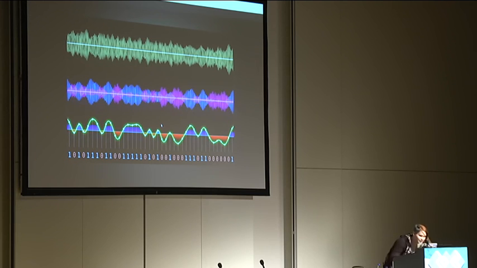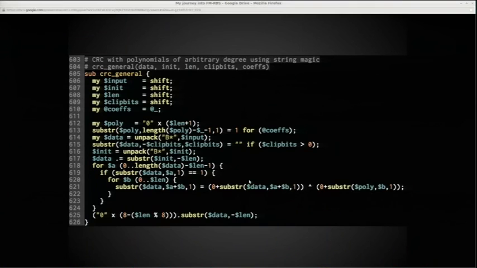Yeah, I had to treat the error correction and error detection. It was very complicated, and I had to write a general CRC subroutine in Perl because I had to deal with such large numbers that I couldn't use just integers.